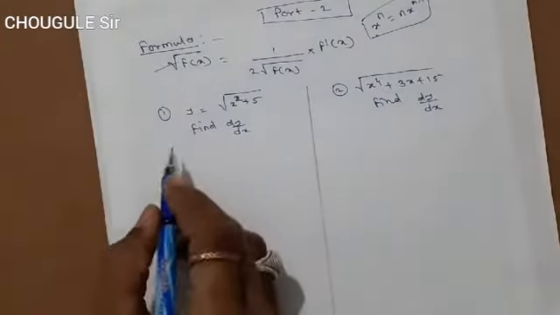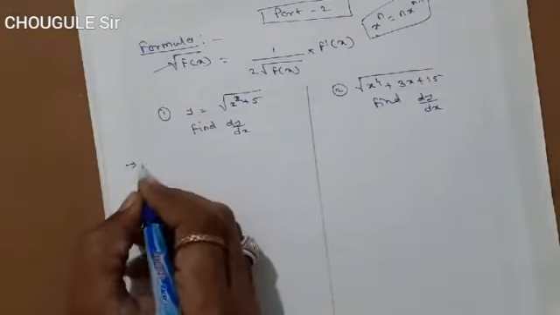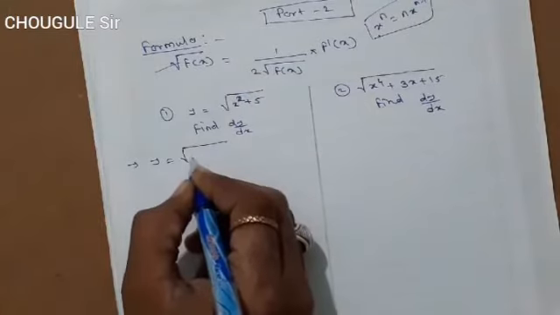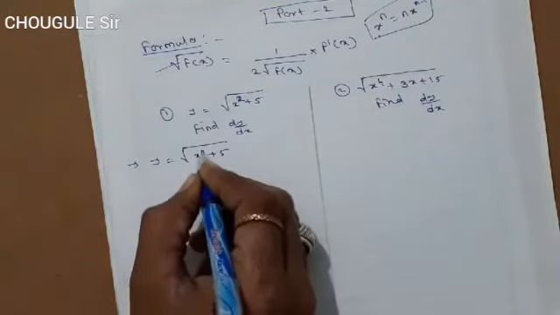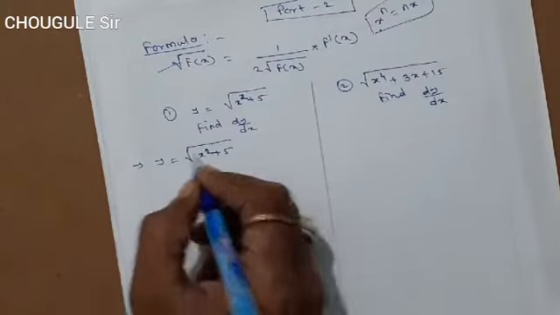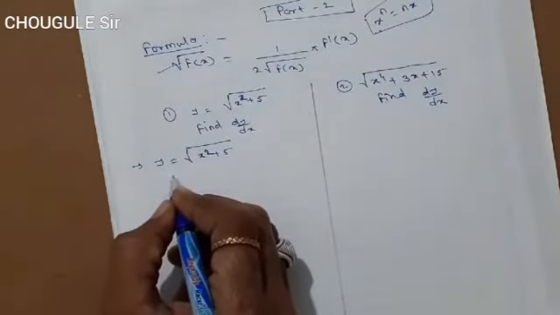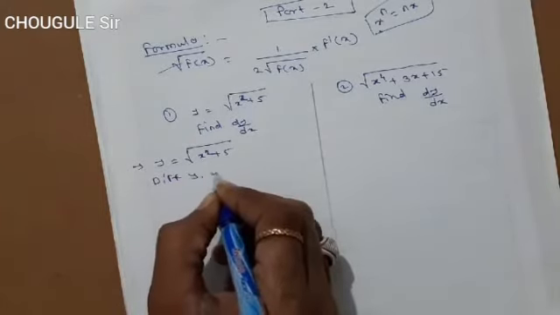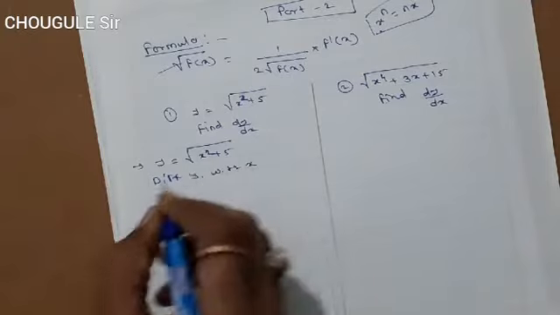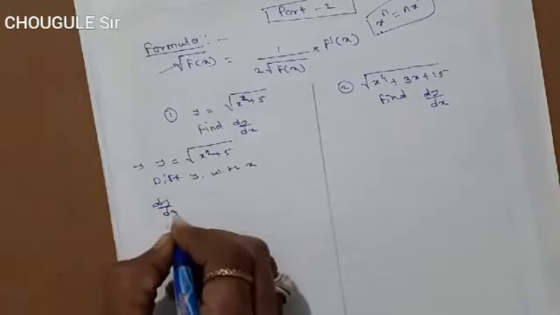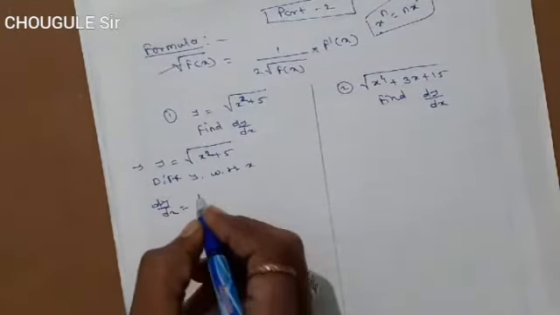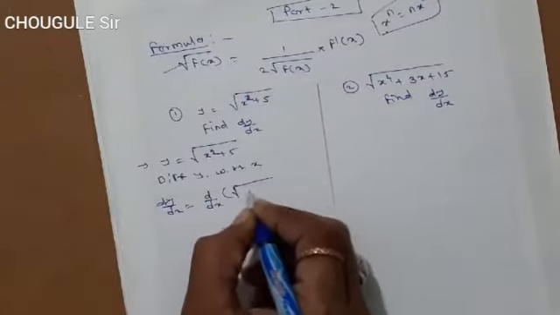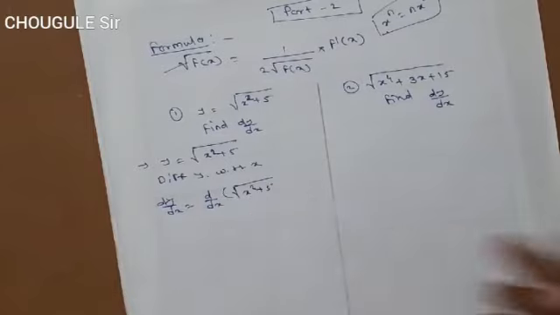In the first example, the given data is written in the form y is equal to under root x to the power 2 plus 5. Okay, so differentiate y with respect to x. dy by dx is equal to d by dx of the function under root x to the power 2 plus 5.